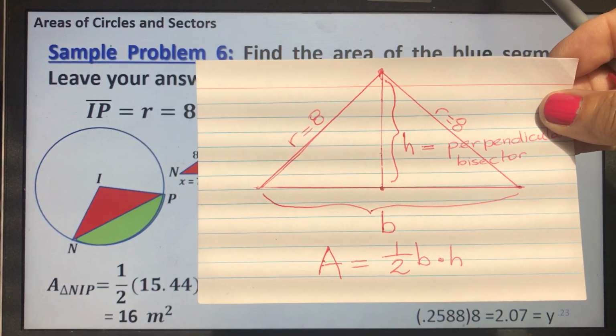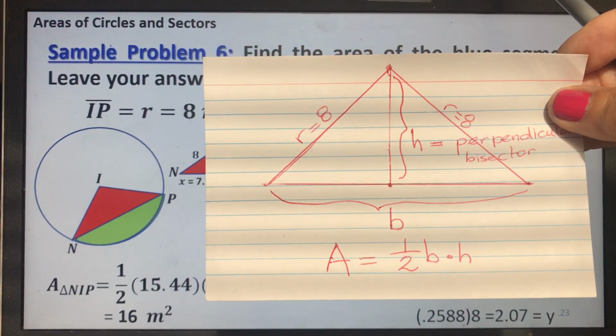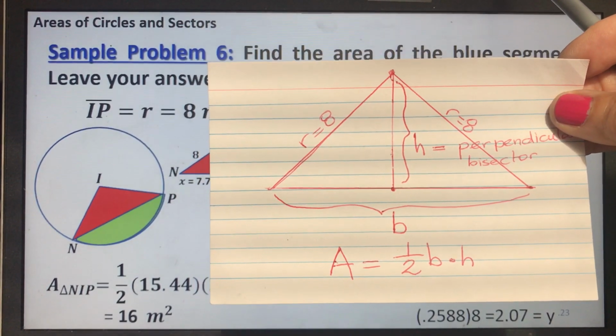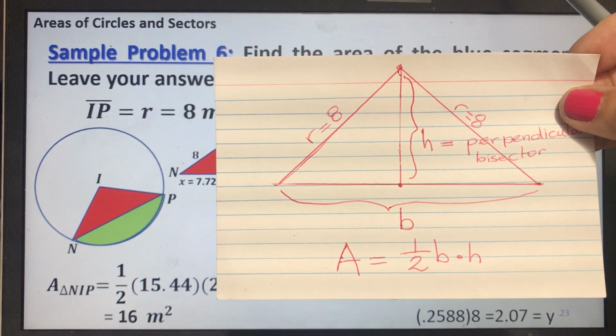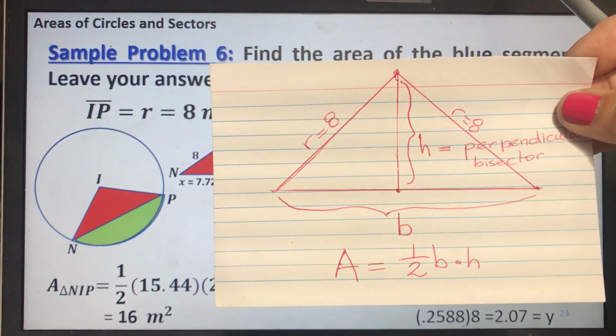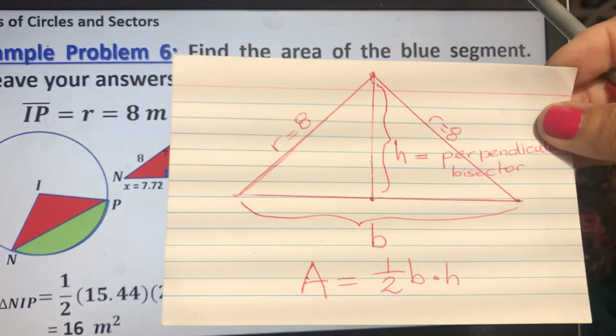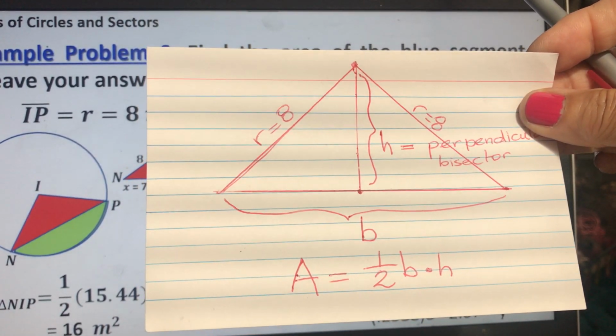Why? Because we're looking at the distance from I to P and the distance from I to N. Now, since I is the center of a circle, that means we have an isosceles triangle, and both of the radii are equal to 8.